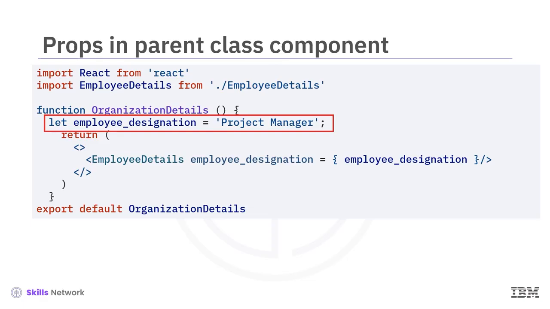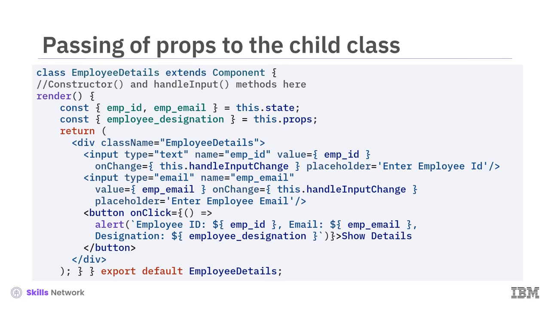Let's look at how the child class, EmployeeDetails, can access the data from the parent class, OrganizationDetails. In the code, the employee designation prop is accessed within the EmployeeDetails component by destructuring it from this.props in the render method, as shown in the code. This method allows the child class to access the employee designation prop passed from its parent class, OrganizationDetails.